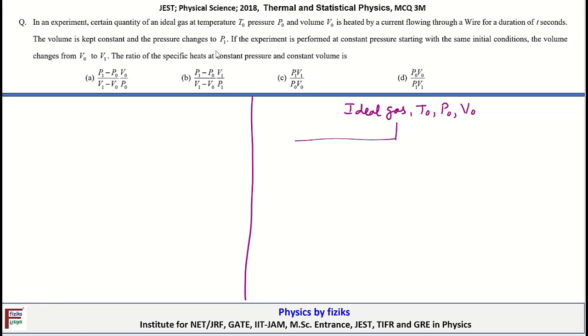The first is heating where the volume is kept constant, the fixed volume heating. And the second method is fixed pressure heating.